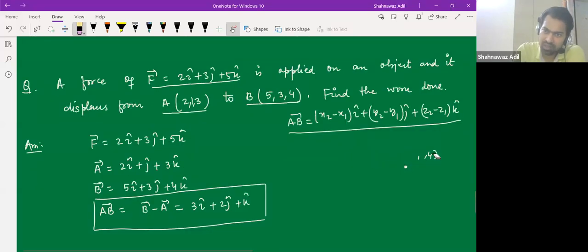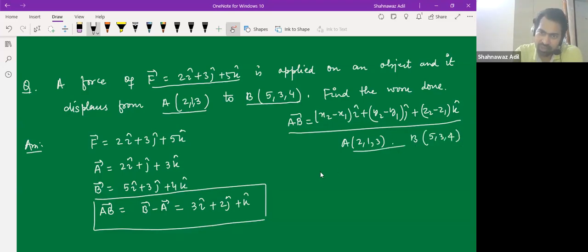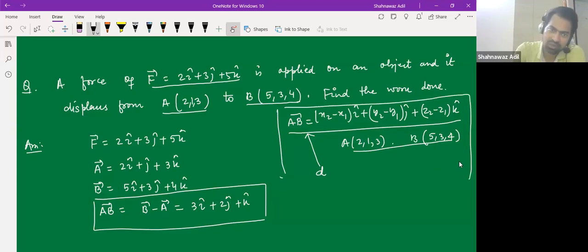So remember this, guys, that whenever you get two coordinates, 2, 1, 3 and B, which is 5, 3, 4, and you're asked to calculate the displacement, you calculate the displacement by this. Always remember this, note it down somewhere.